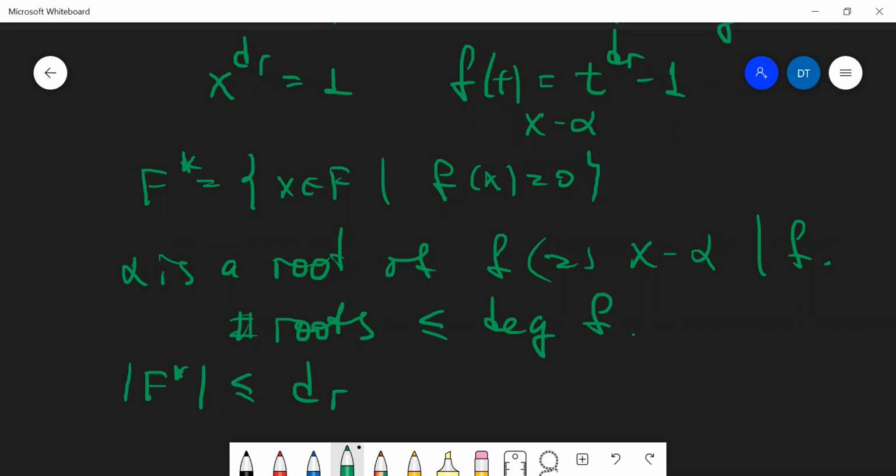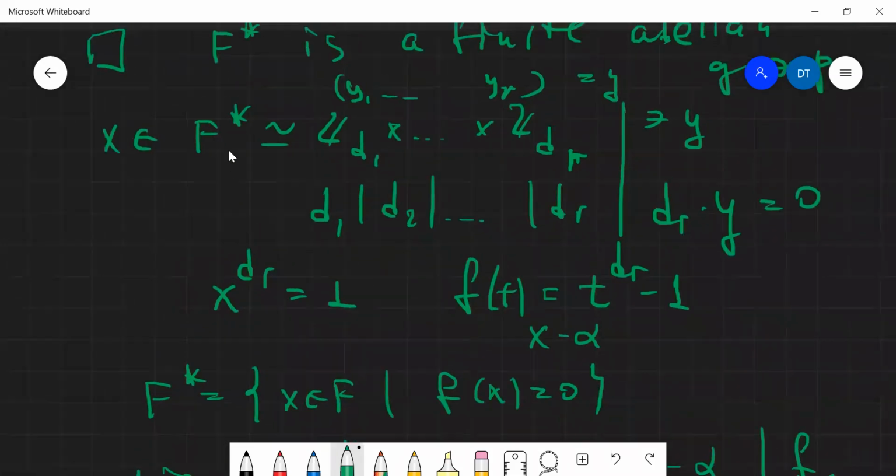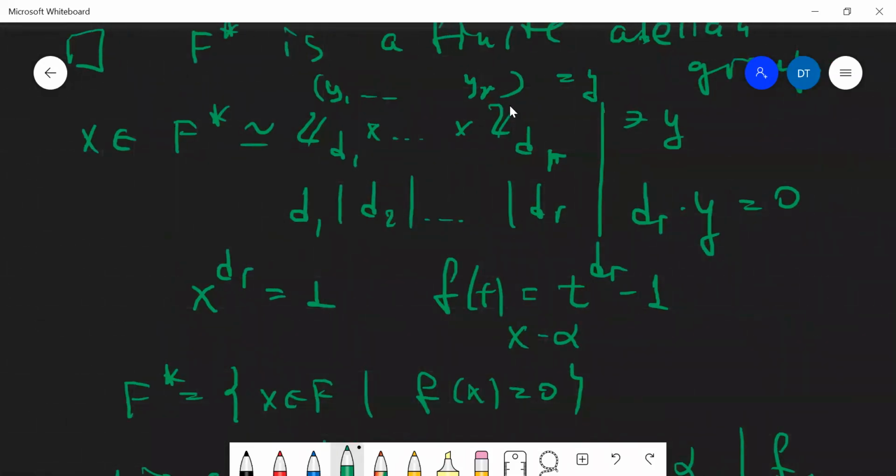Are there any questions regarding this part of the proof? Okay, but on the other hand, we know that F star is this product. So the amount of elements of F star is equal to the amount of elements of this group. But how many elements are here?